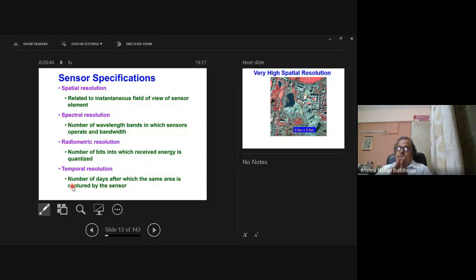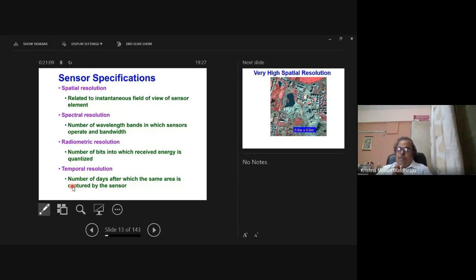Now, another specification is the number of spectral channels, wavelength channels in which the data is collected. When you have similar kinds of target features, the spatial resolution alone may not help.